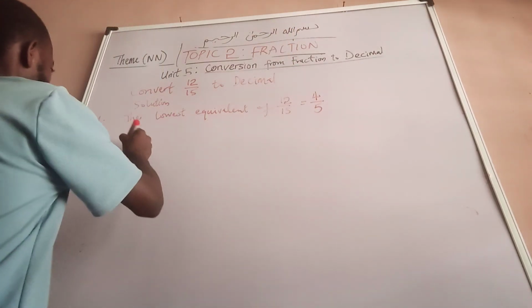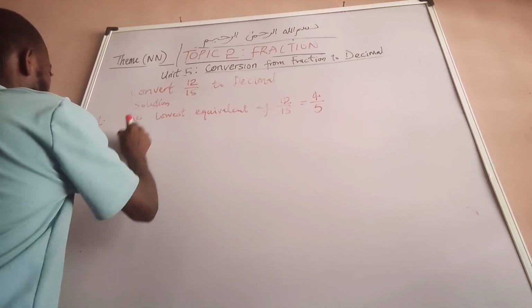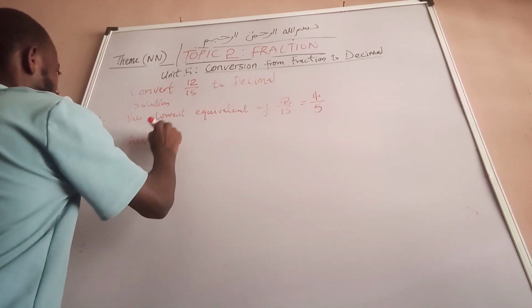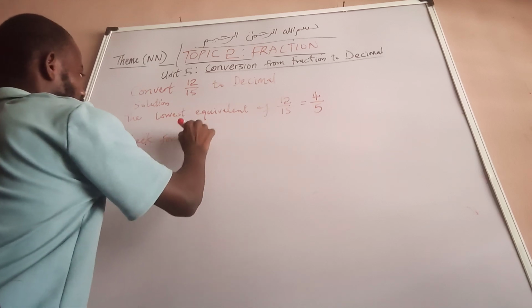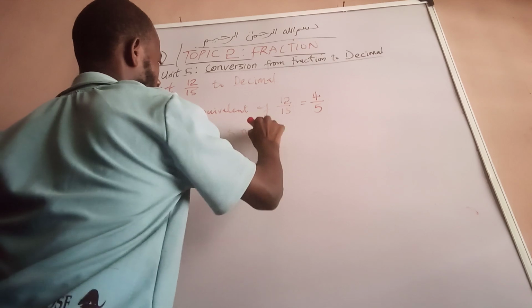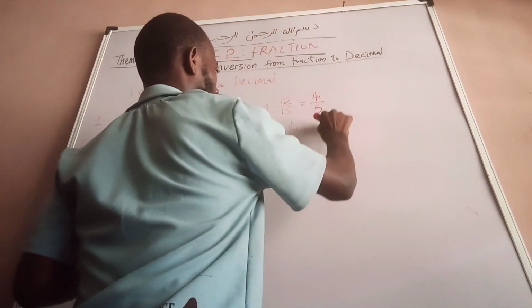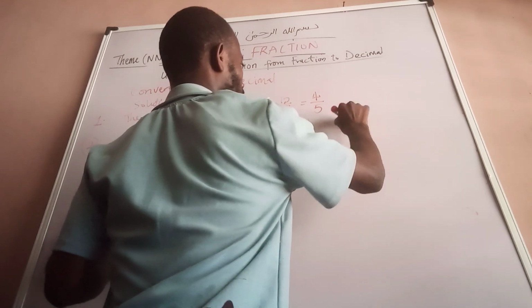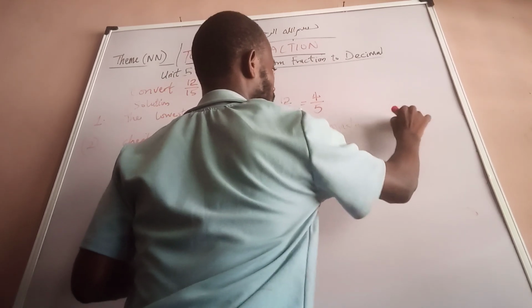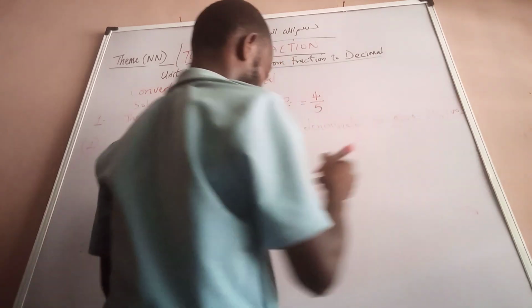So now, check for a number to multiply the denominator to give 10, 100 as the case may be.